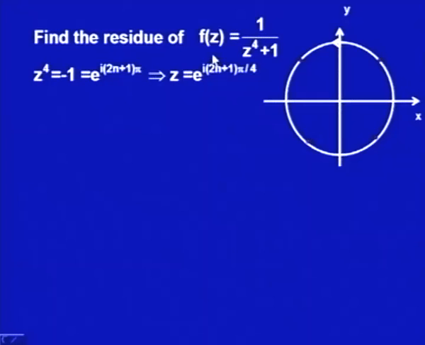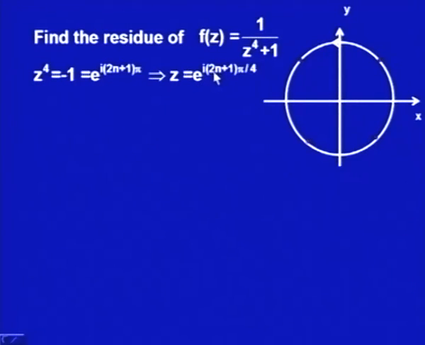Now, let us find out what these zeros are. They would be the poles of the function f(z). When n is equal to 0, we will have e to the power i pi by 4. Moreover, you could have the minus sign also. So, with n equal to 0, we would have two poles, at i pi by 4 and at minus i pi by 4.